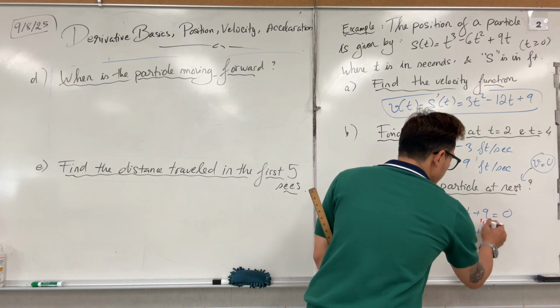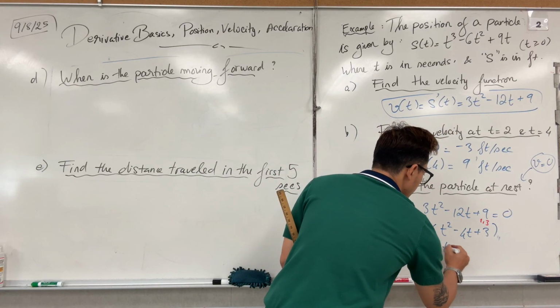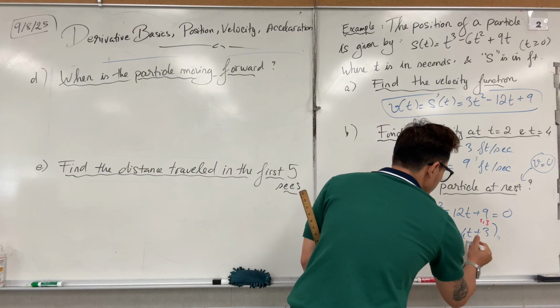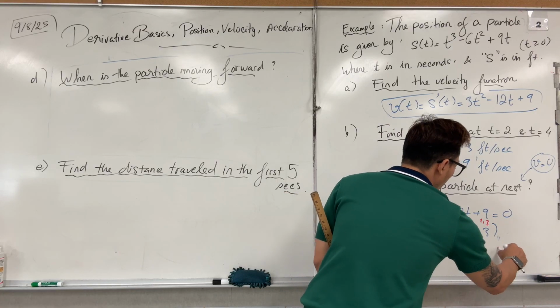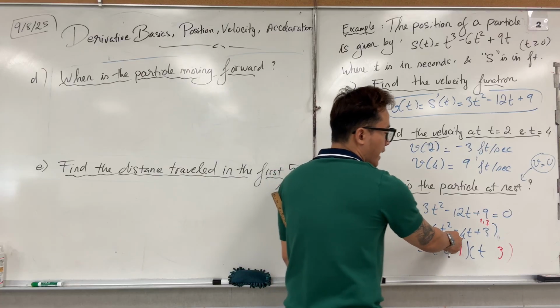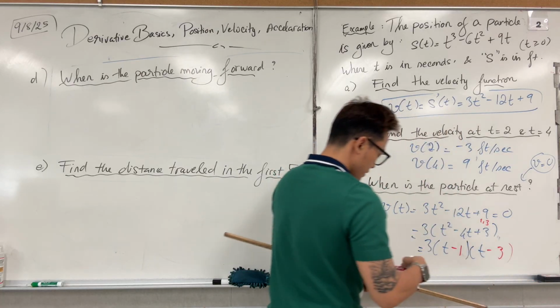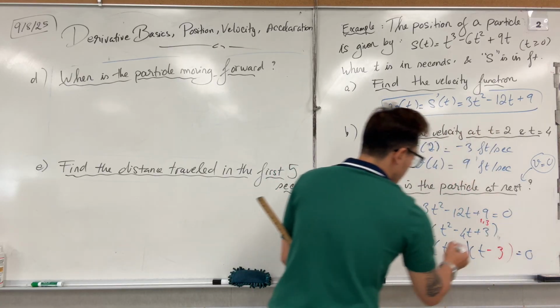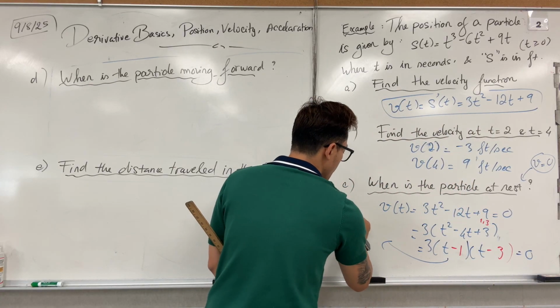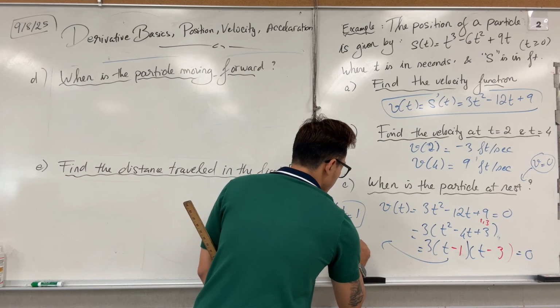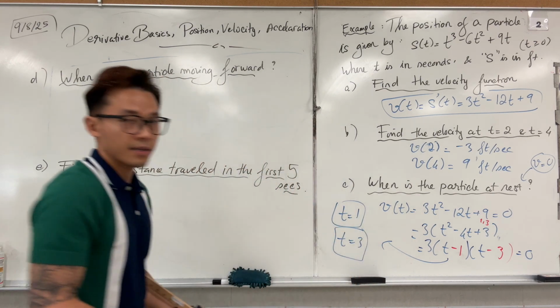So you have 1 and 3, and they're both negative so that you get negative 4. Now if I want this to be 0, the solution is t equals 1 and t equals 3. That's it. Easy.